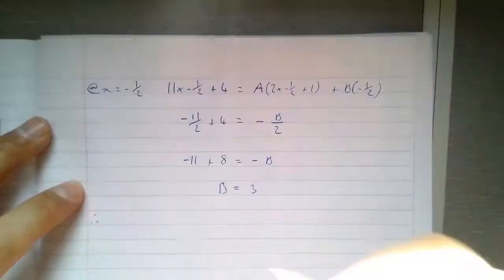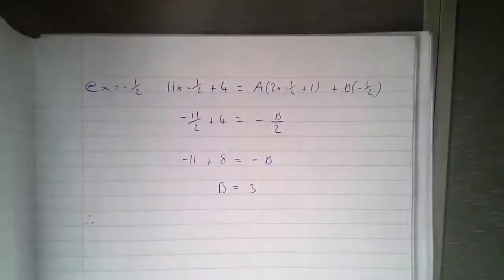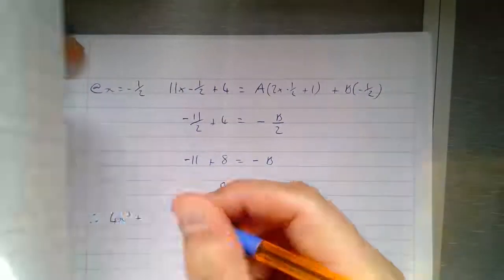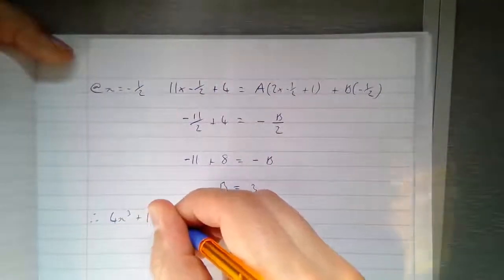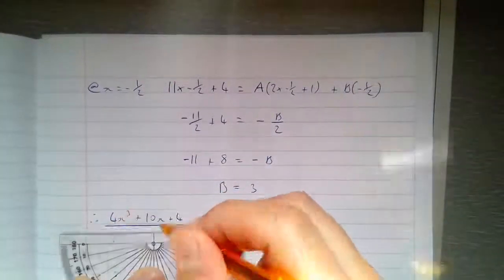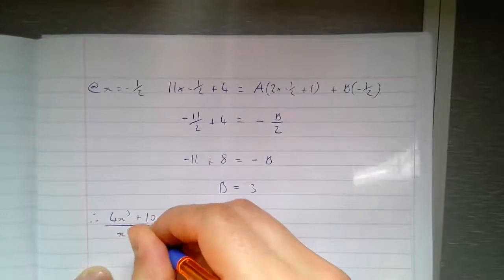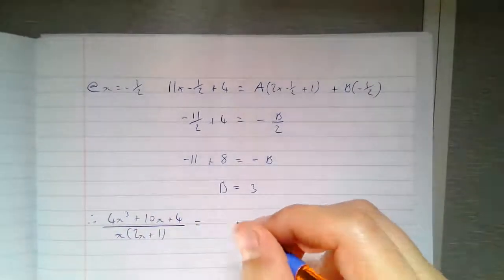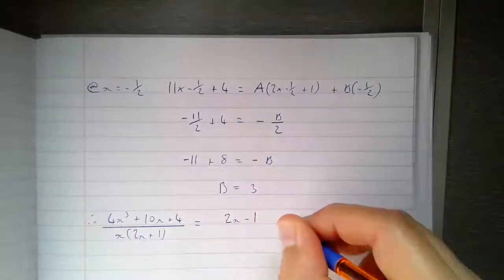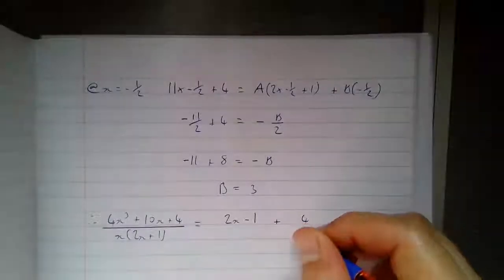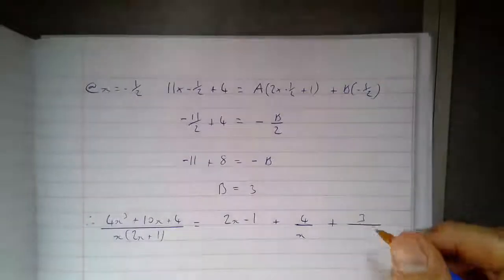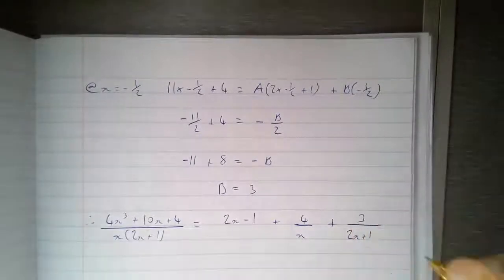And therefore the punchline: 4x cubed plus 10x plus 4 all over x(2x plus 1) is equal to 2x minus 1 plus 4 over x plus 3 over 2x plus 1.